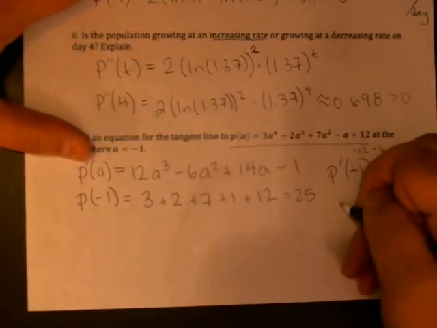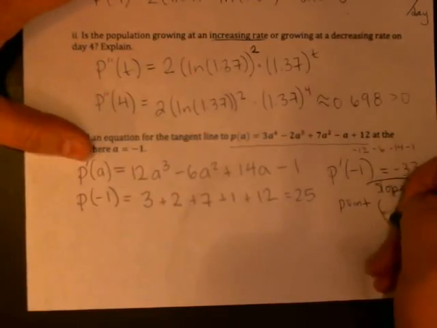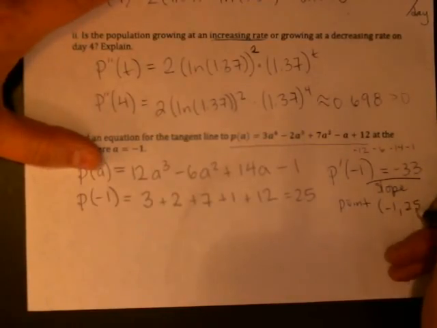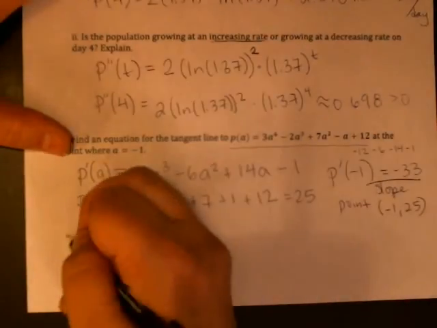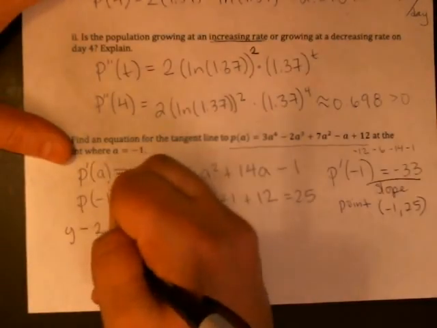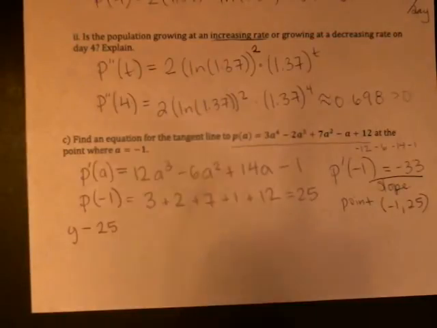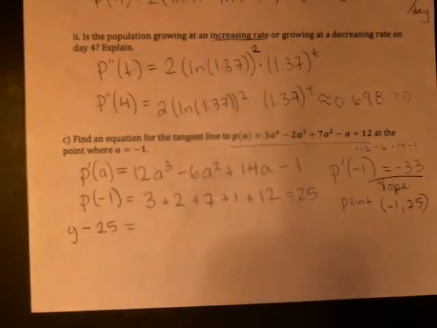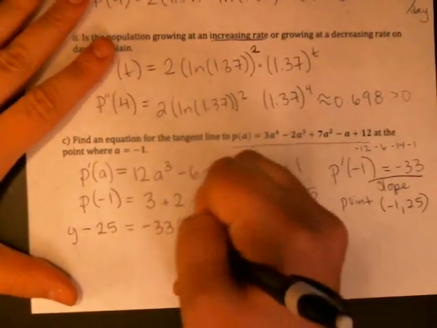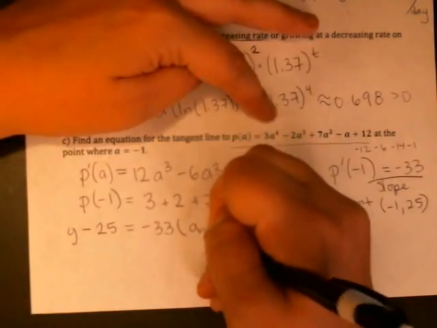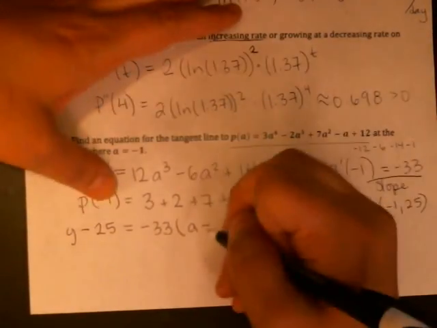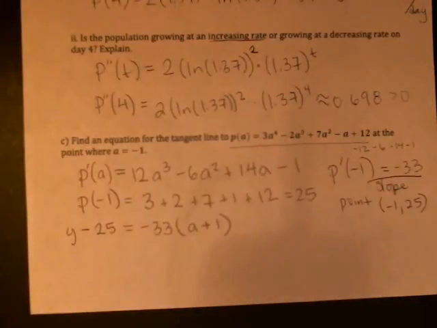So the point is negative 1, 25, which means the equation for the tangent line is going to be y minus 25 equals slope negative 33 times, I guess our variable is a, so it'll be a minus negative 1, a plus 1.